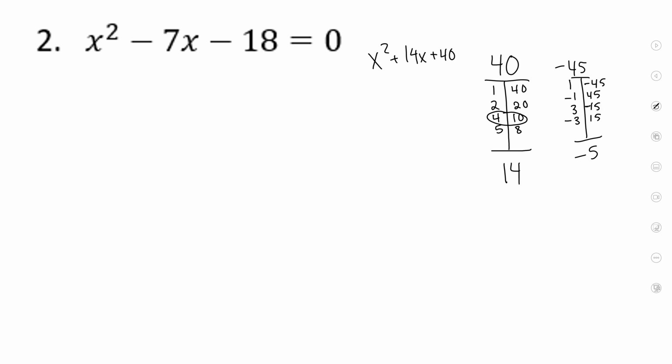I can do 5 times -9, or -5 times 9. Okay, which one of these multiply together to give you -45, but add to give you -4? And the answer is this last one right here. So that's how you can figure out your numbers. Just make a list and figure out which ones are good.